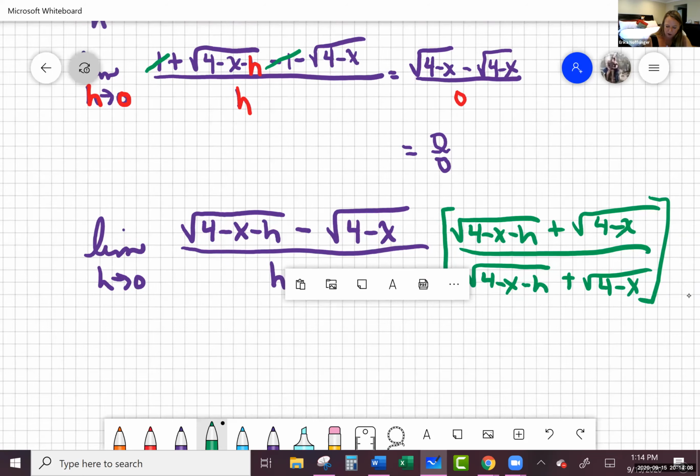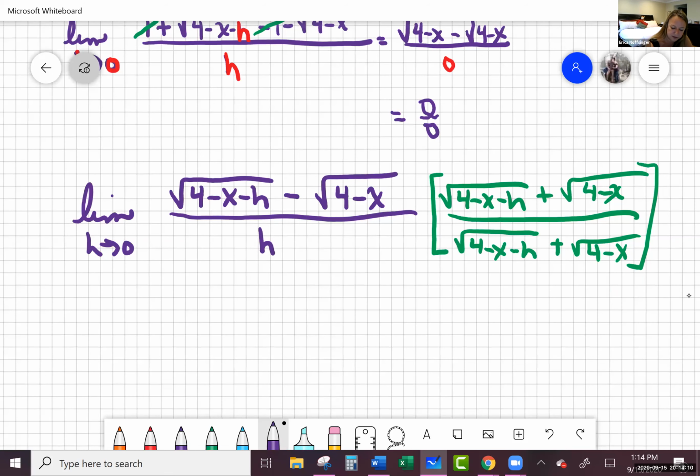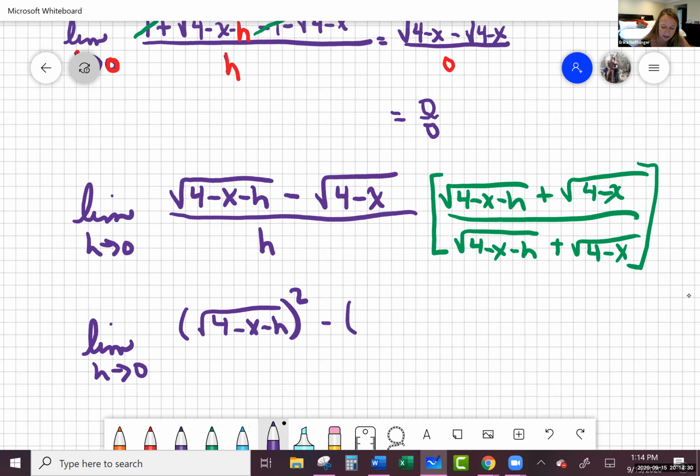So the whole point of doing that was so that we have a difference of squares there, and we can just square the first term or first grouping minus the square of the second grouping. So if we square this 4 minus x minus h, that radical is going to go away, minus, and then we square the 4 minus x, that square root, all over.